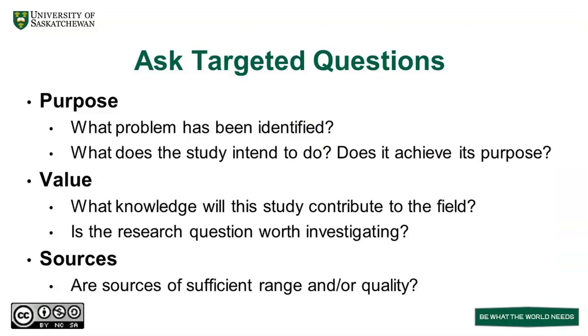So what problem has been identified? When we are producing scholarly literature, when we are designing research studies, it's to answer a specific problem or issue that the researcher has surfaced. So what's the problem? What does the study intend to do? And does it achieve its purpose?